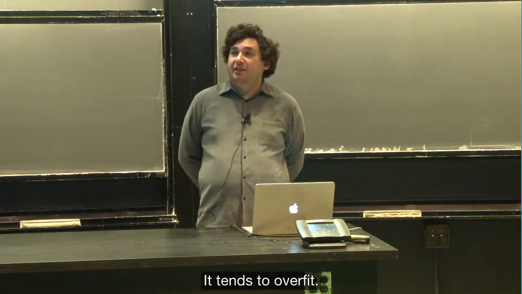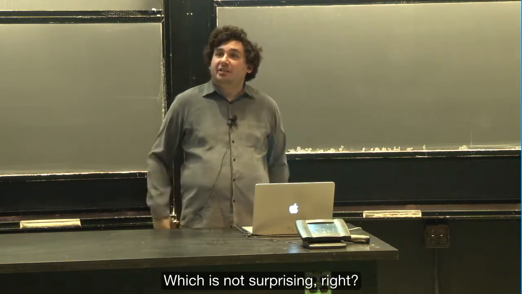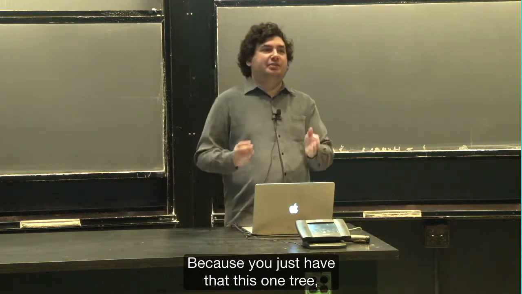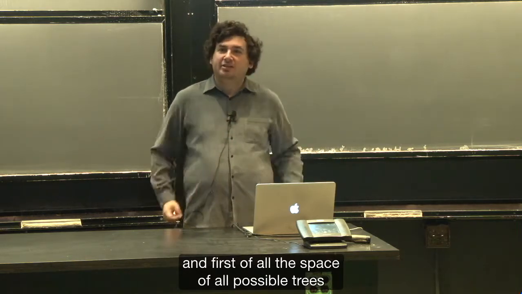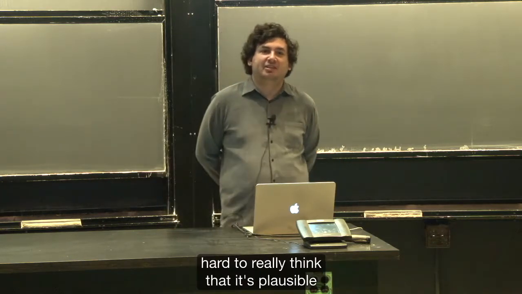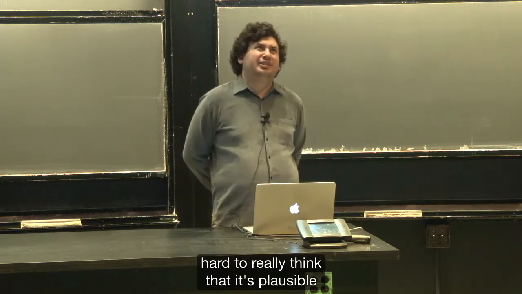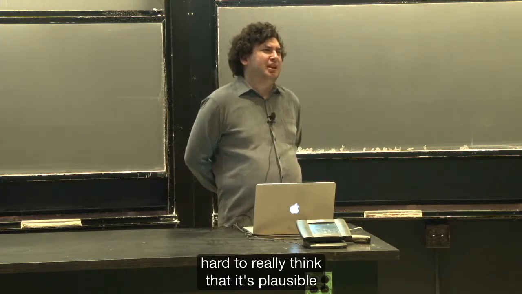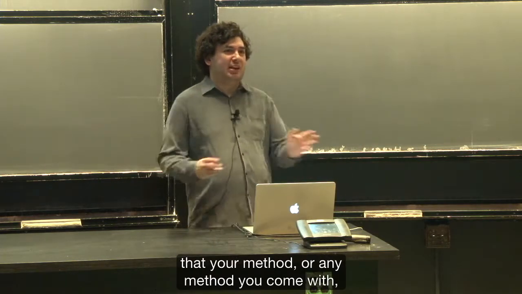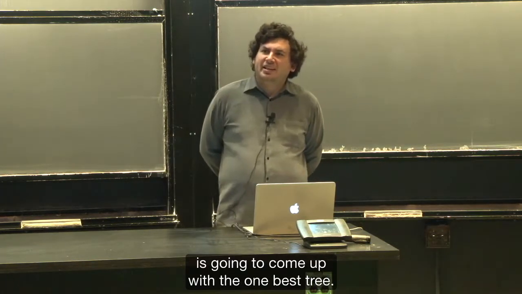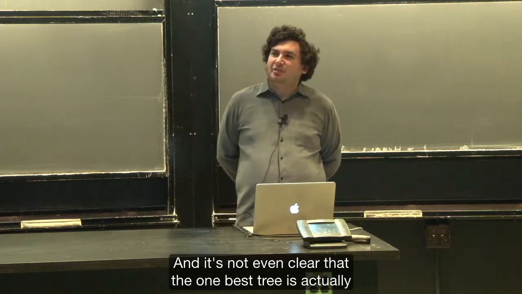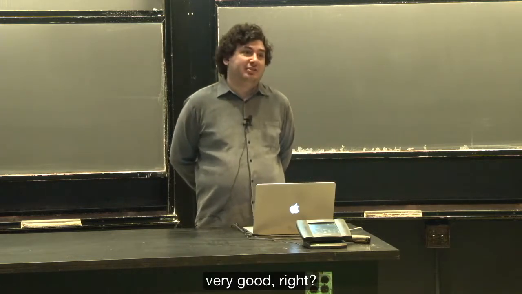Just the major downfall is that the predictive accuracy is pretty bad. It tends to overfit, which is not surprising, right? Because you just have this one tree, and first of all, the space of all possible trees you could come up with is vast, and it's hard to really think that it's plausible that your method or any method you come up with is going to come up with the one best tree. And it's not even clear that the one best tree is actually very good, right?